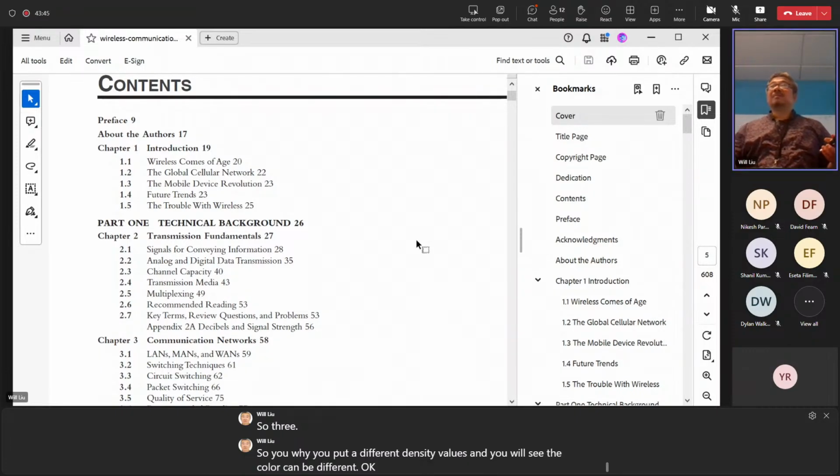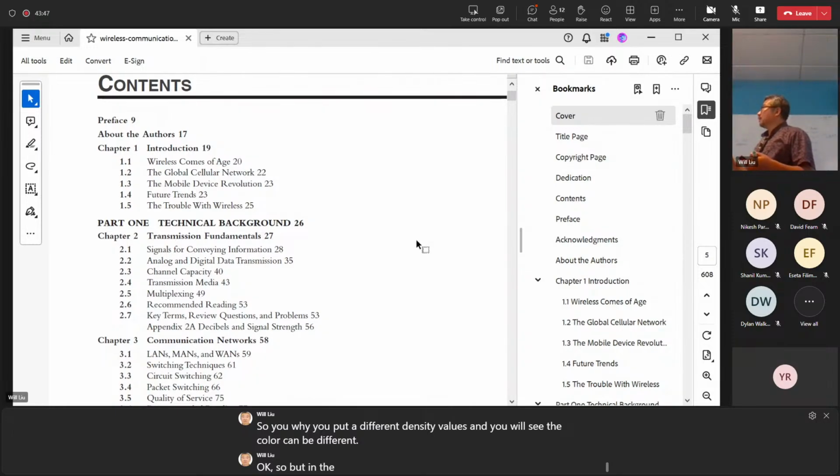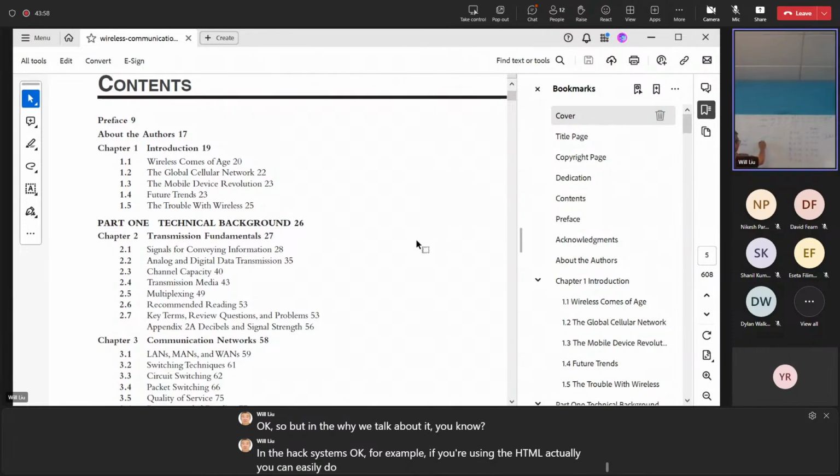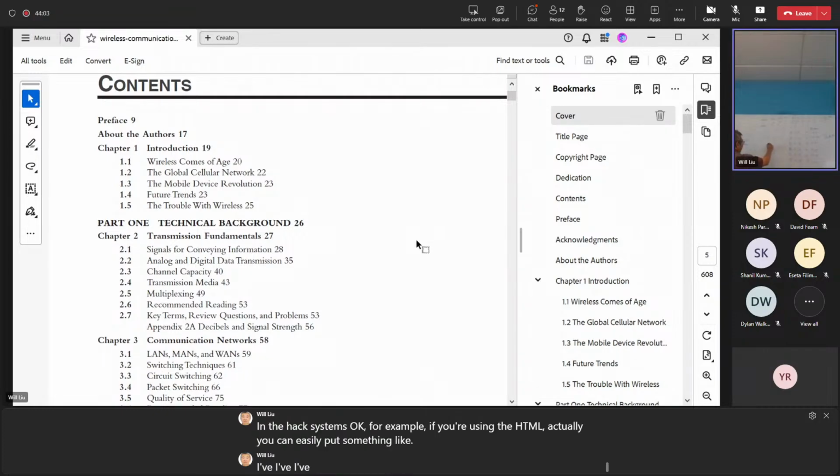But when we talk about the hex system, for example if you're using HTML, you can easily put something like FF0000.